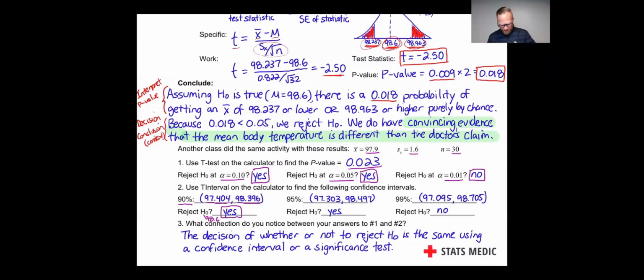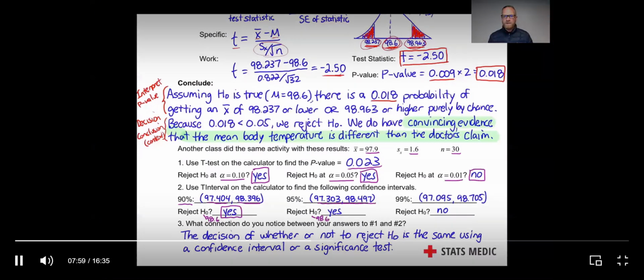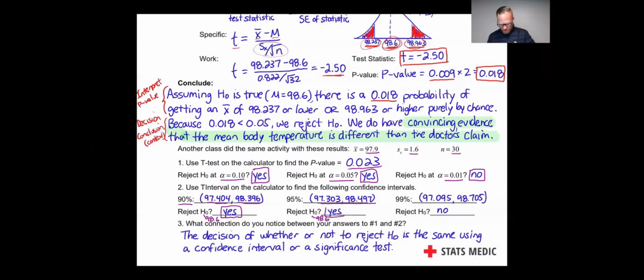Now we move to the 95%, and once again, we're looking for the null hypothesis value of 98.6, and still it is not a wide enough interval in order to contain 98.6. So once again, we are going to reject the null hypothesis.